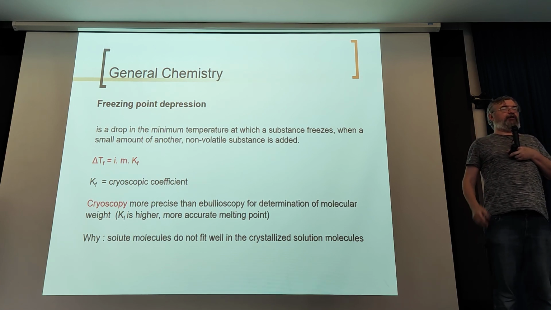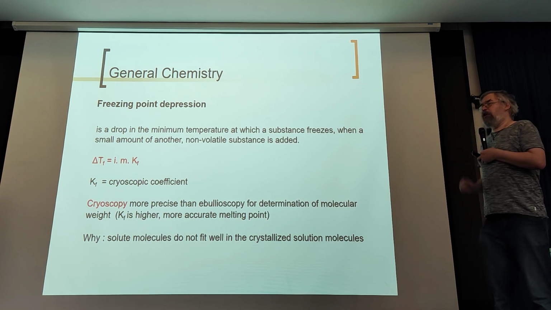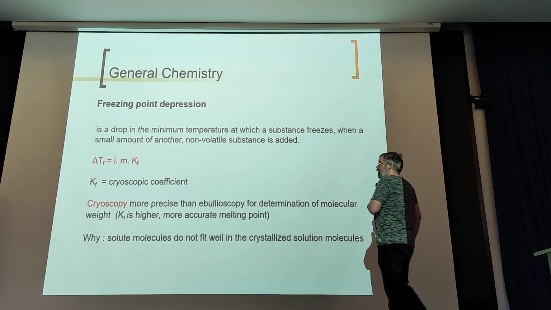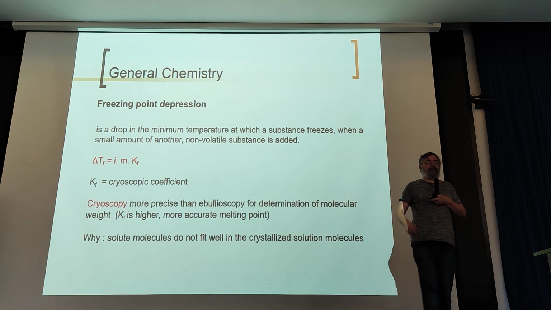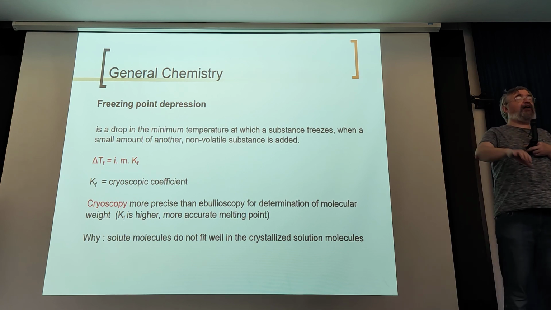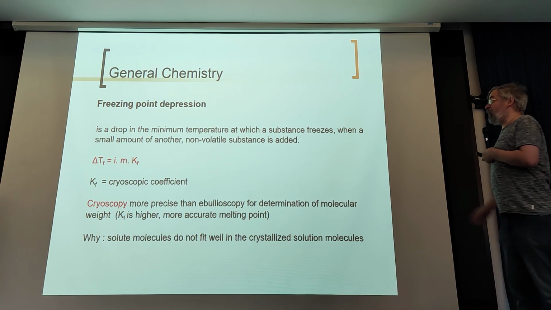And so that means if you take liquid water, you bring down the temperature, at a certain point everything starts to freeze. Now there will be a depression in temperature. If you add salt to the water, maybe you have to go to -5 or even lower before you can actually start freezing.